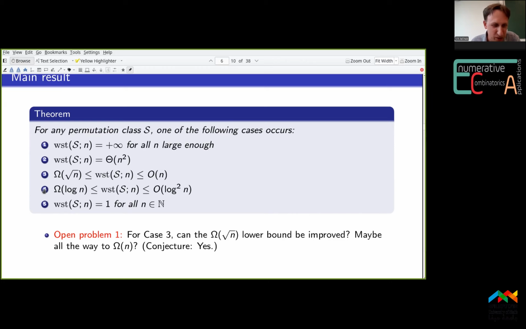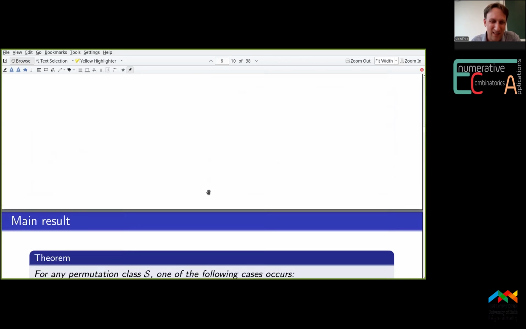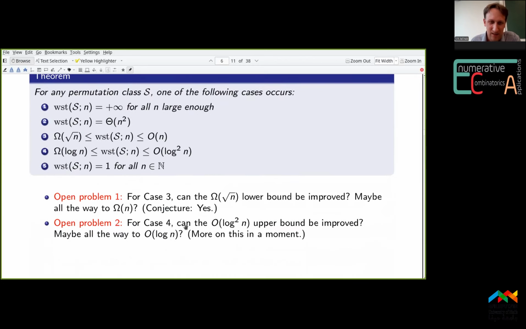And also in this type 4 that you see here, there's a gap between log n and log squared n. And again, in this case number 4, all the classes that fit into this range for which we can determine the asymptotic sorting time, at least up to multiplicative factors, end up having logarithmic sorting time.